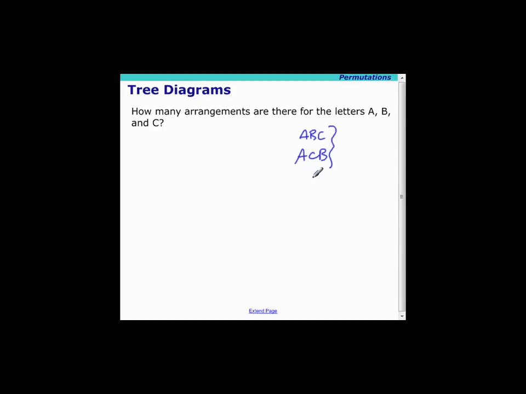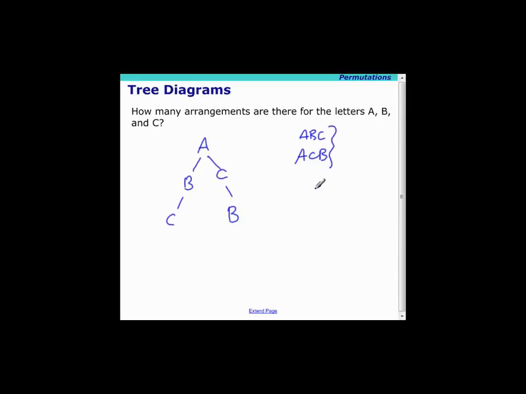You've got to use some kind of pattern. Tree diagrams are helpful for that. So you can say, okay, I could start with an A, then I could do a B or a C. If I did a B, then my last one would be a C. But if I did a C, my last one, of course, would have to be a B. And those are all the different permutations that would start with the letter A.